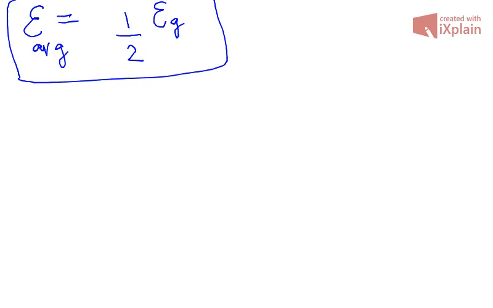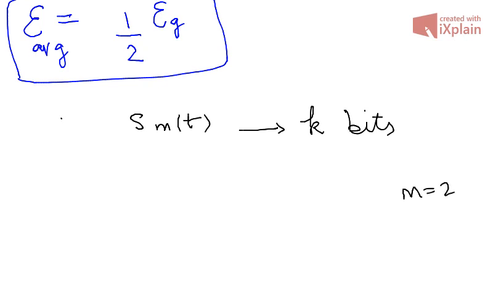Each Sm of t carries k bits, and you can find this k from M equal to 2 raised to the power k, so k is log M to the base 2.